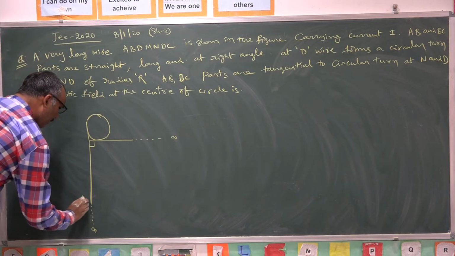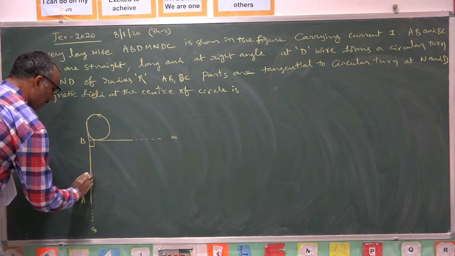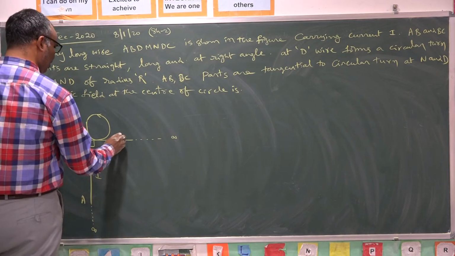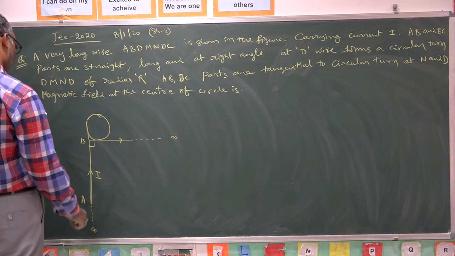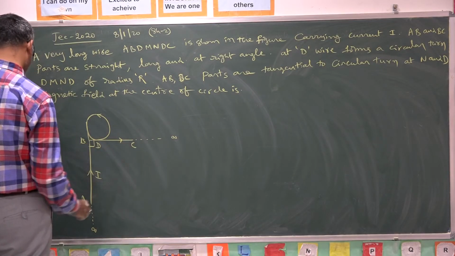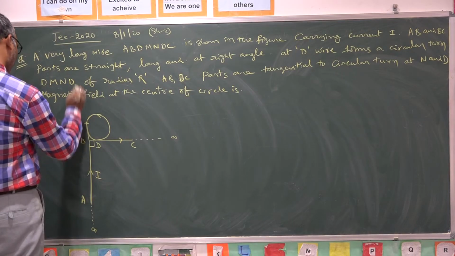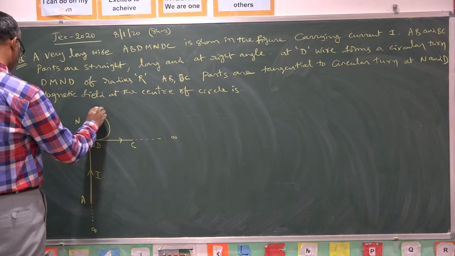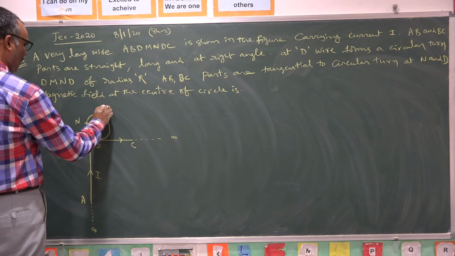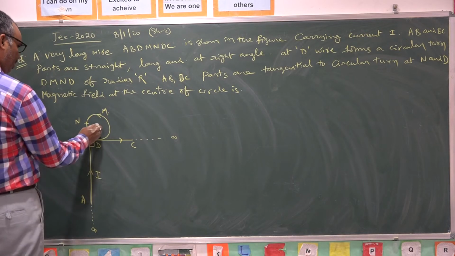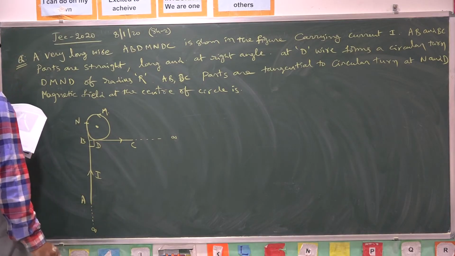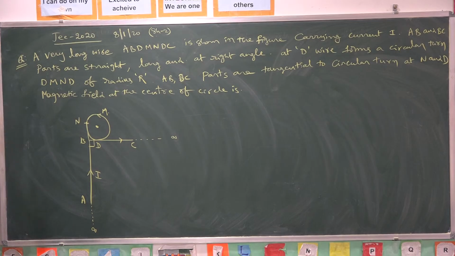A, B, current I is going like this, and it is leaving like this. D, C, this is N, this is M, and here they gave a point like this.